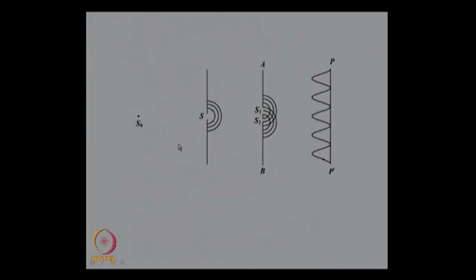Therefore, the electron or the proton or the neutron is described by a wave function which is here as well as here. It passes through both the slits simultaneously.